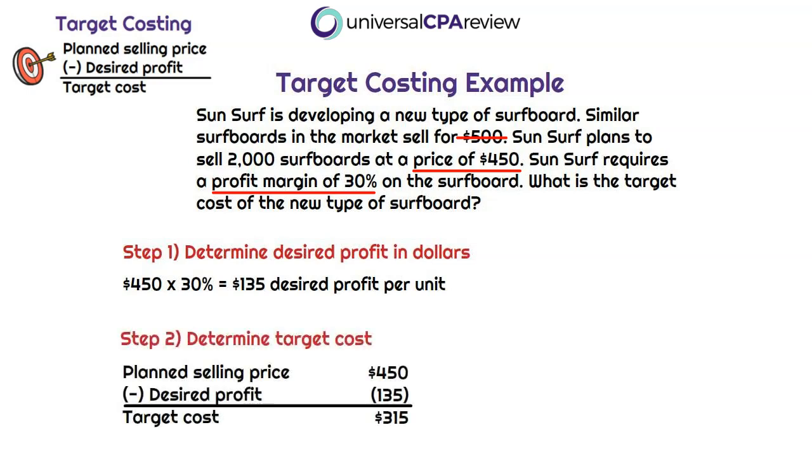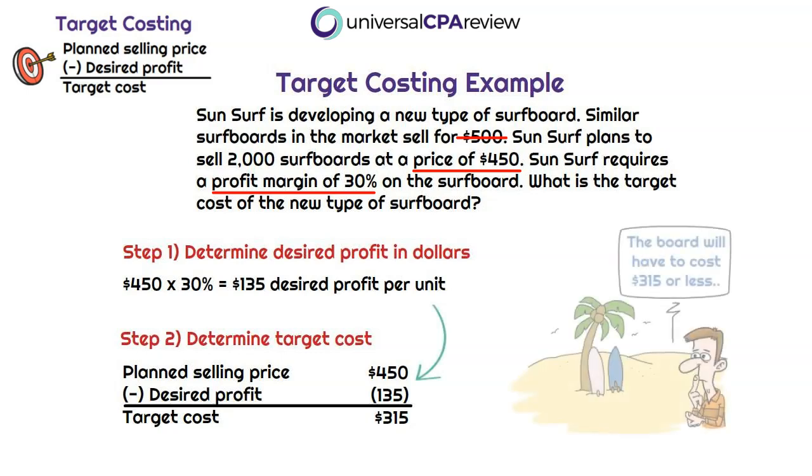So in step two, that target cost, now it's simple. It's just going to be that planned selling price of $450 minus the desired profit of $135. That means the target cost to produce and sell this surfboard will either have to be right at $315 or less. Otherwise, the company is not going to be able to earn that desired profit of $135.